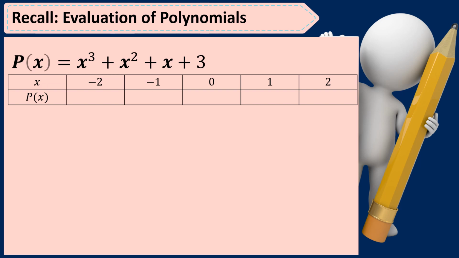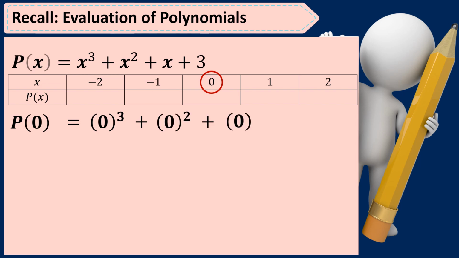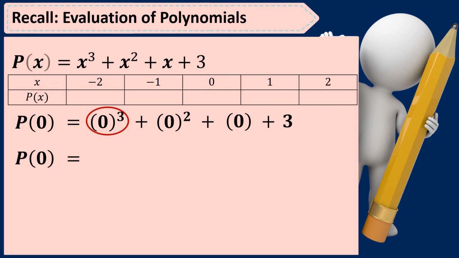We solve for p of 0. P of 0 is equal to the cube of 0 plus the square of 0 plus 0 plus 3. The cube of 0 is 0.